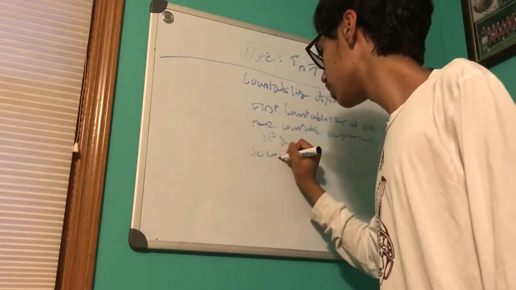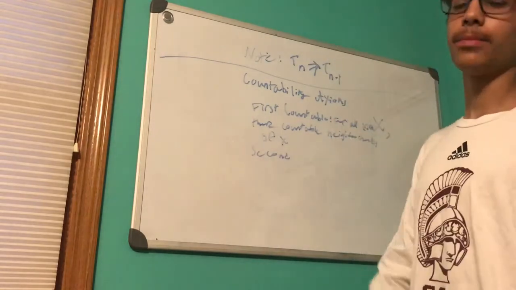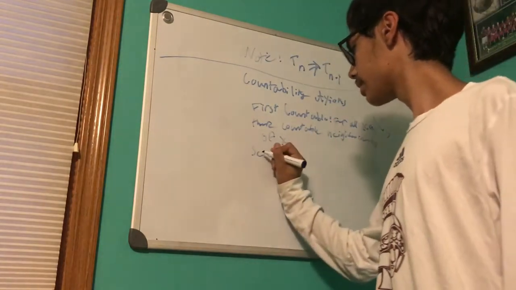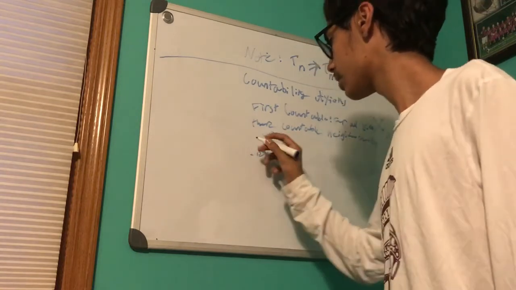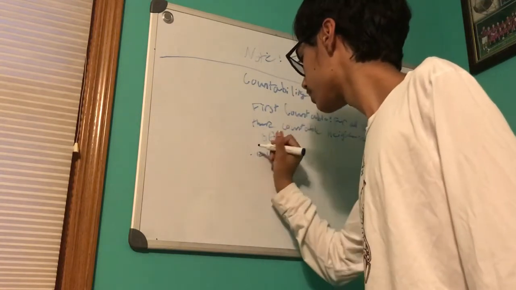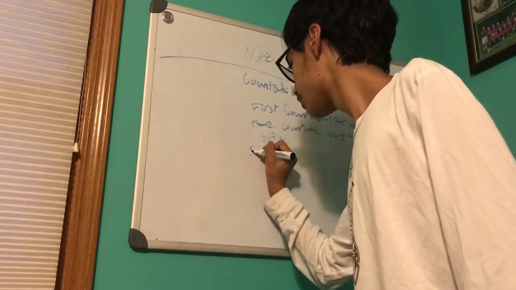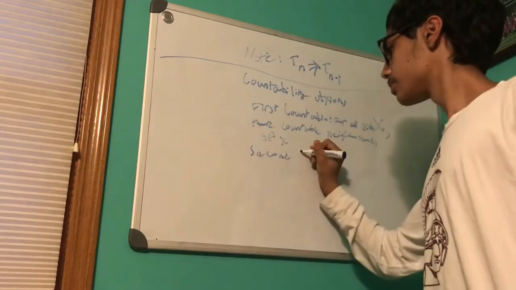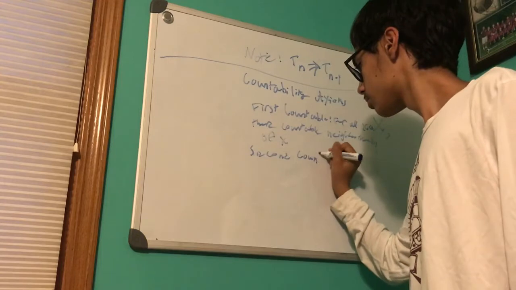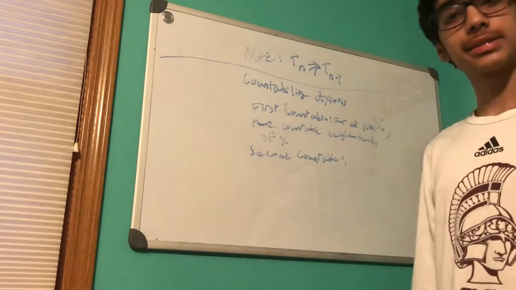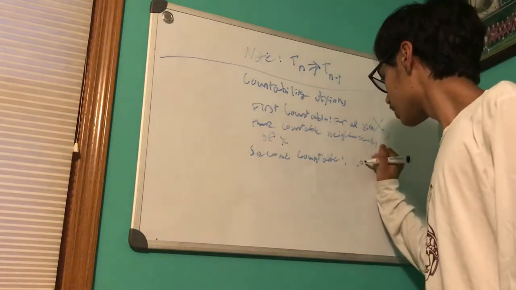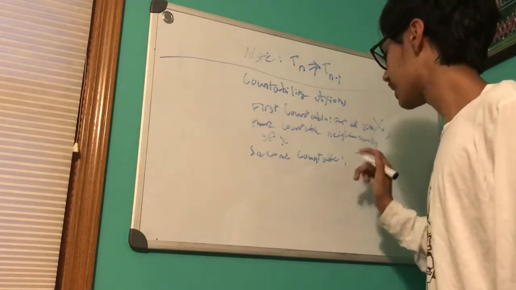Second countable is way more basic. A second countable space is just a space with a countable basis. So I'll just literally say countable basis.